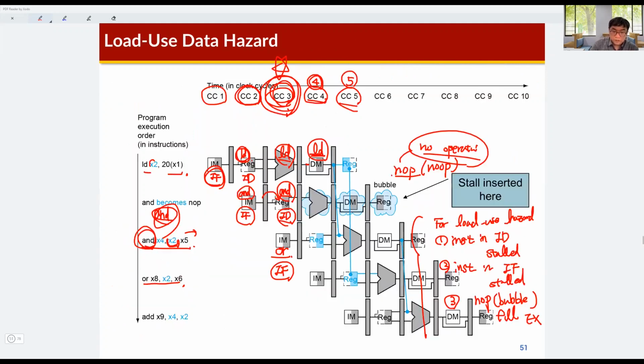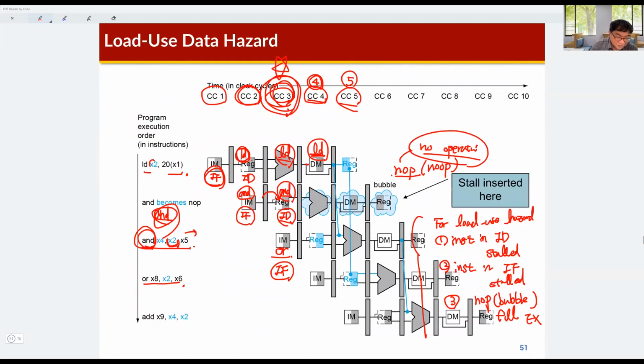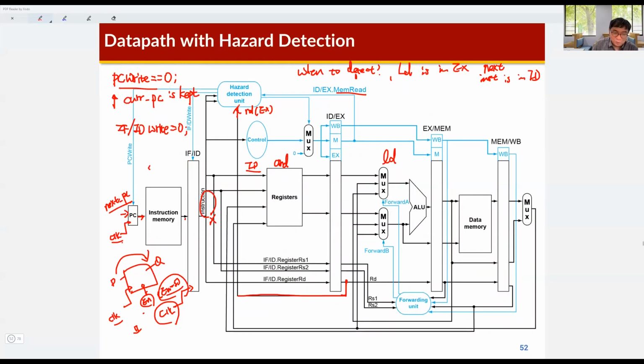So if we just see the previous slide, you can find that at clock cycle 3, load is here, AND is here, and OR is here. If this pipeline register is not updated, then what will happen?